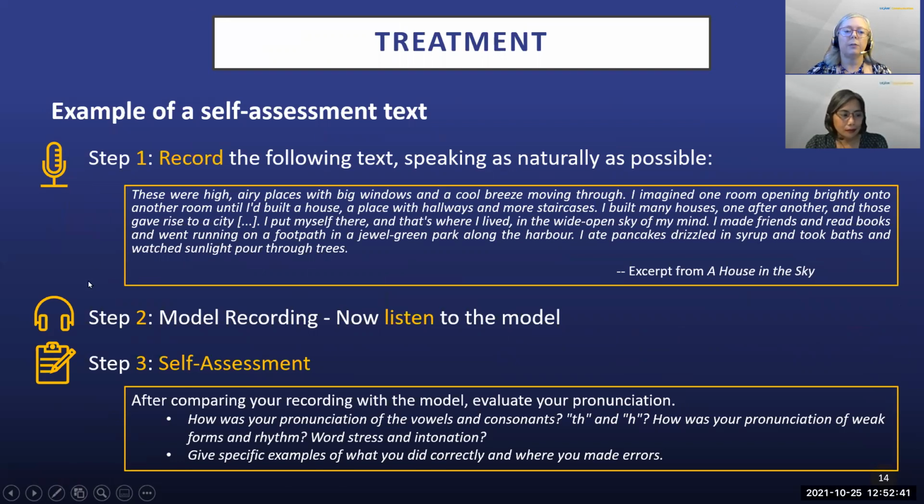Then they listened to a native speaker model, and next they analyzed their production and compared it to the model. The self-assessments guided them in progressively more comprehensive weekly self-evaluations. The instructors subsequently commented on their self-assessments. And recall that the control group was not assigned the self-assessment activities.